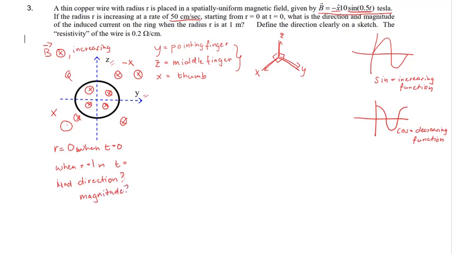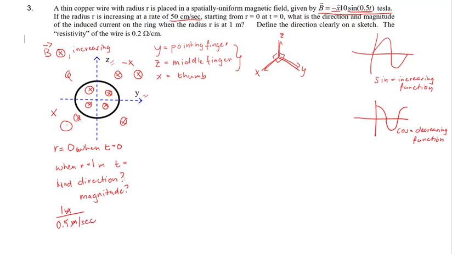Okay, so let's process that real quick. So r starts at 0 and goes to 1. Okay, so that's 1 meter, and we are given a rate of 50 centimeters, but we're dealing with meters here, so let's convert that: 0.5 meters per second.